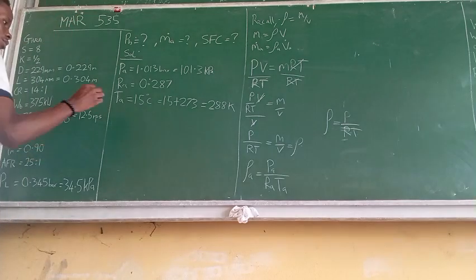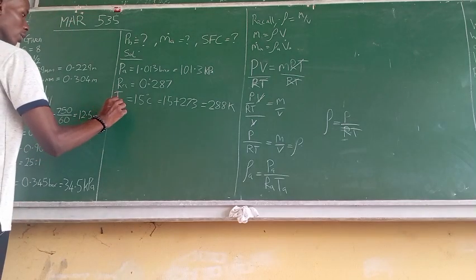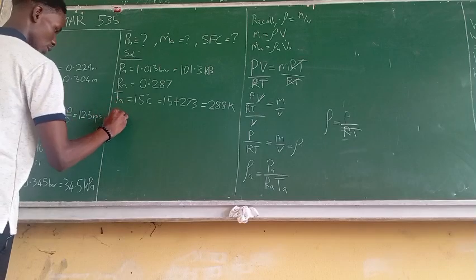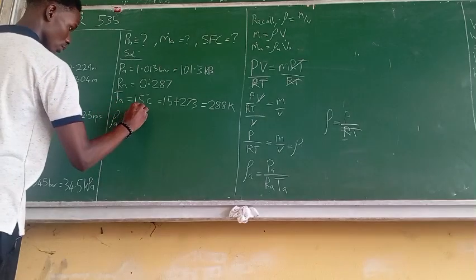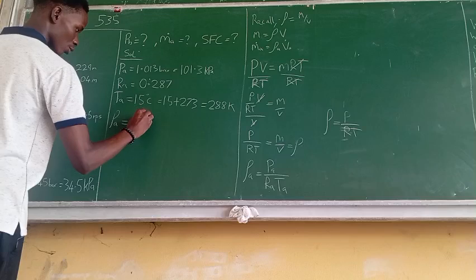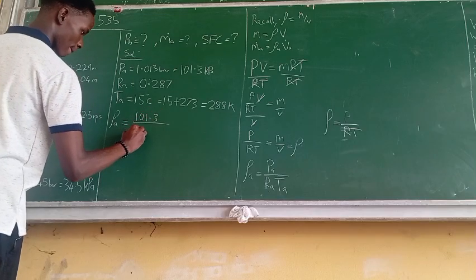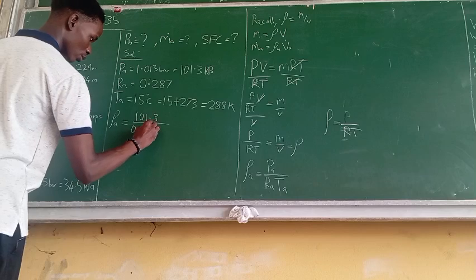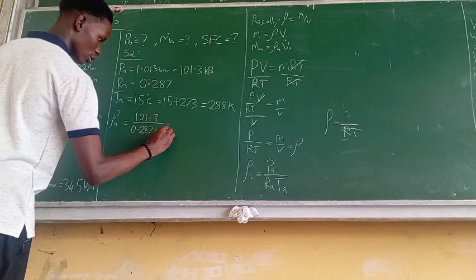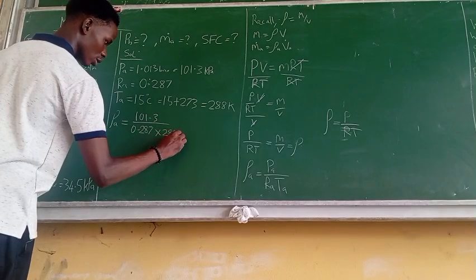Now, we have our density. So we see the density of air is equal to 101.3 over 0.287 times 288.